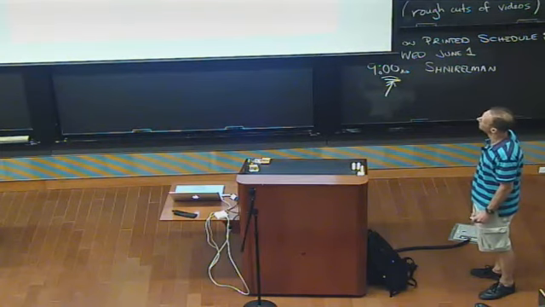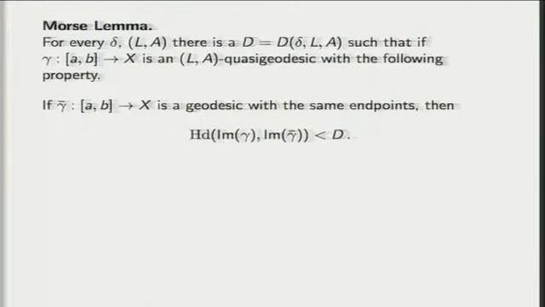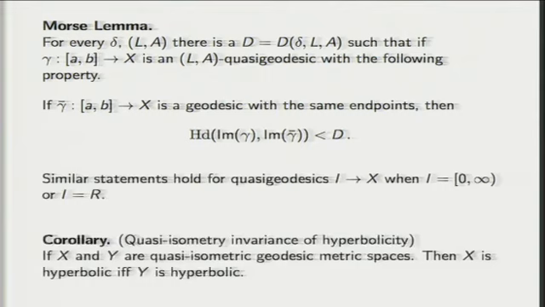Then I recalled the Morse Lemma, which says that if you have a quasi-geodesic in a delta hyperbolic space, and you take a geodesic with the same endpoints, the two sets are within Hausdorff distance d of one another, where d just depends on the constants. And this gives you quasi-isometry invariance of hyperbolicity.